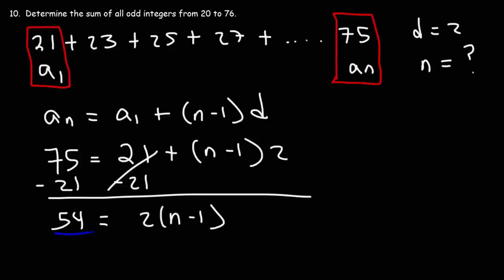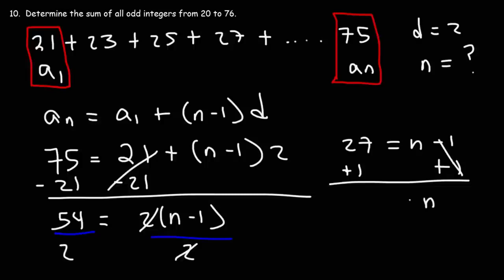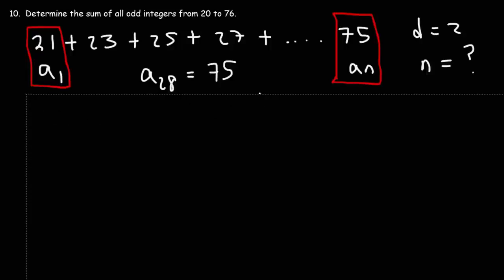Dividing both sides by 2. 54 divided by 2 is 27. So we get 27 is n minus 1. And then we're going to add 1 to both sides. So n is 28. So a sub 28 is 75. So 75 is the 28th term in the sequence.